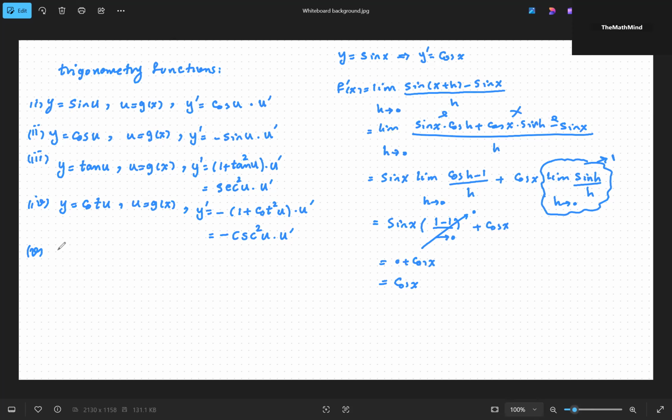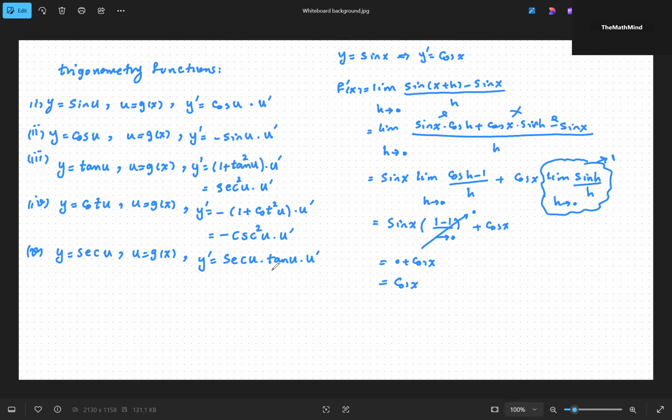Number 5 is secant. Secant is 1 over cosine. These are the reciprocal trigonometric ratios. So y prime will be secant u times tan u times u prime.